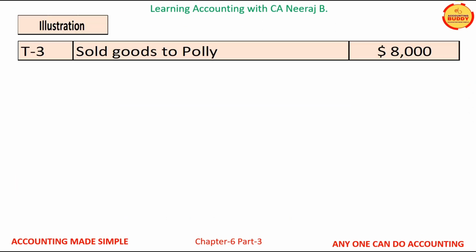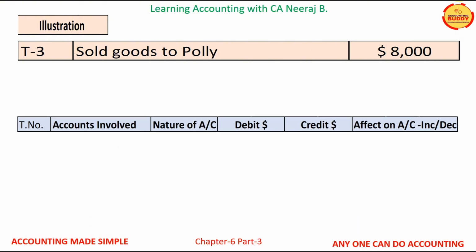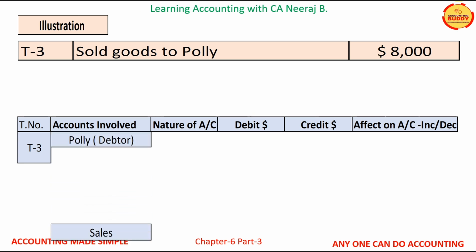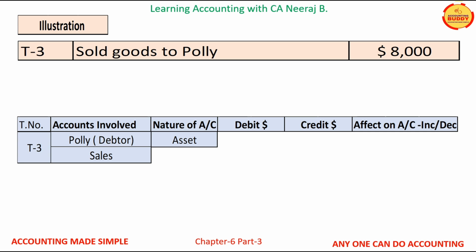Transaction T3 is goods worth $8,000 are sold to Polly. Now when we analyze this T3 transaction, the two accounts which are getting affected are Polly's account and the sales account. Polly's account is a debtor account as the goods are sold on credit. Polly's debtor account is an asset account while sales is a revenue account.